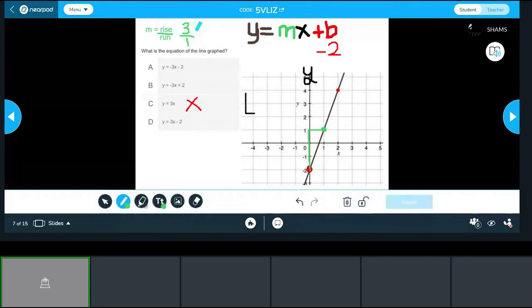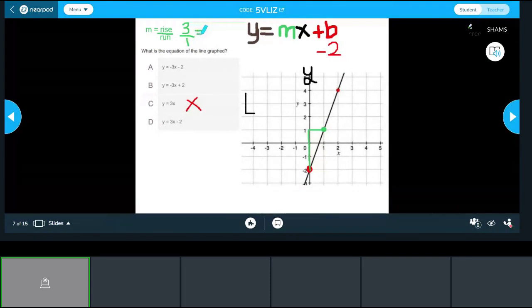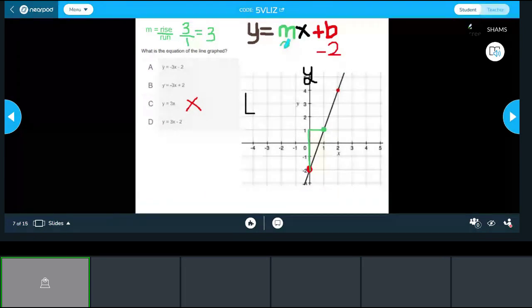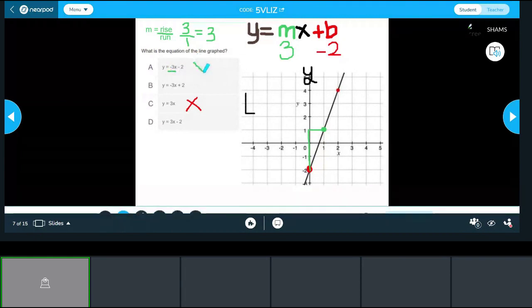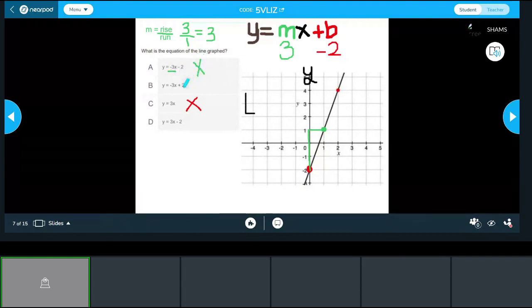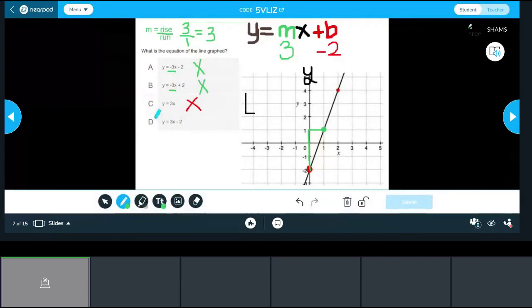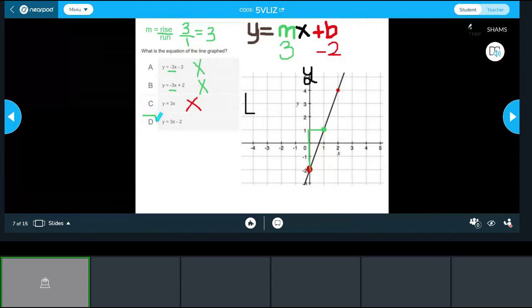So the run is 1. Remember, a number over 1 is the number itself. 3 over 1 is the same as 3. And in this equation, M has to be 3. Here, it says -3, not the correct answer. Again, -3, not the correct answer. +3, D is the correct answer.